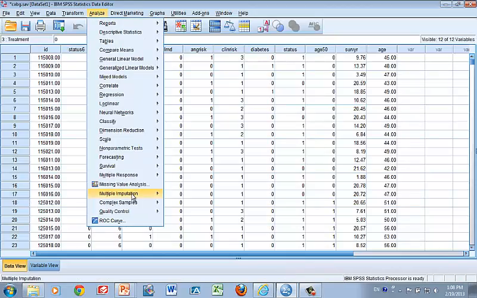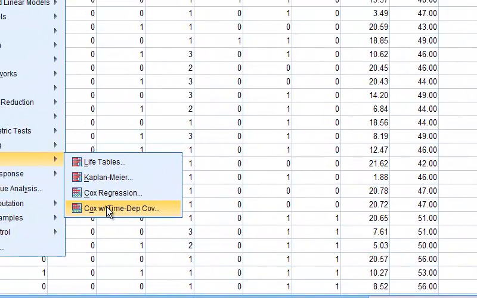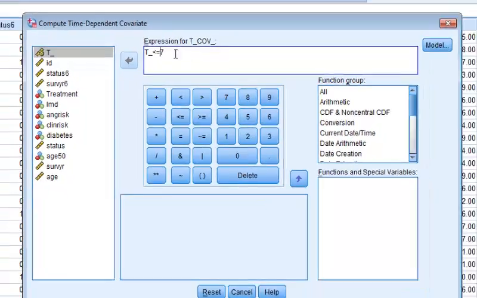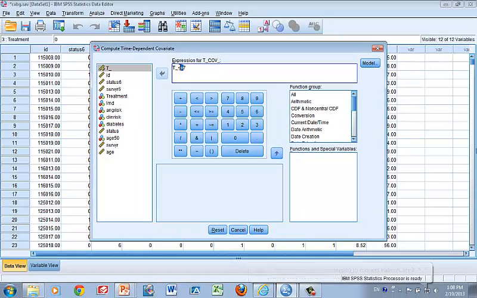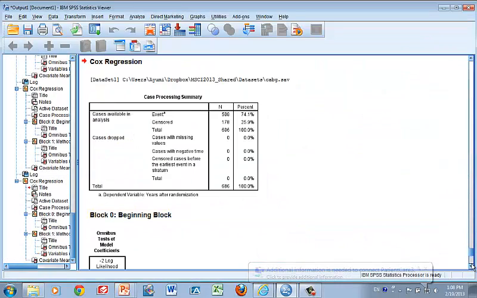You go back to Survival and go to Cox with time-dependent covariate, and instead of T_ greater than 7, set this to T_ less than 7. It doesn't matter which, as long as you put the equal sign for whichever period. You click Model and then rerun the analysis.